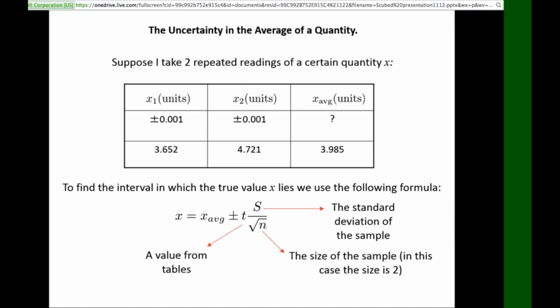And s. However, we won't be calculating the standard deviation. X average is the x value you have over here. And this is the true value of x. By true value, we mean the exact value, not the one you've recorded, but the one you weren't able to record because of the errors involved.